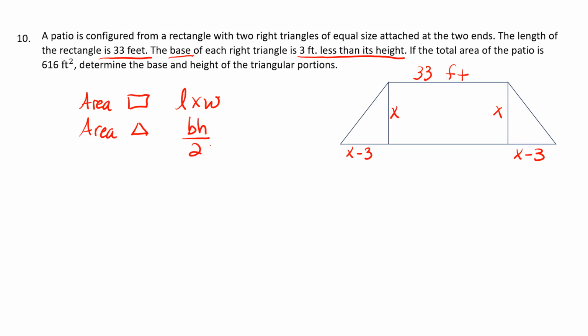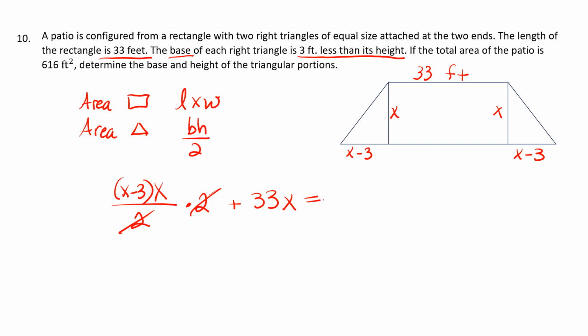All right, so each of these triangles is going to have an area of base times height over 2. But since there are 2 of them, we're going to multiply that by 2, and the 2's will cancel. So that's going to be the area of the 2 triangles, and then the area of the rectangle will be 33 times x, length times width.